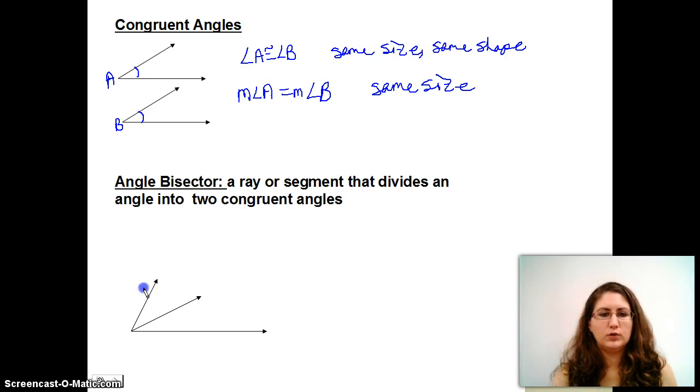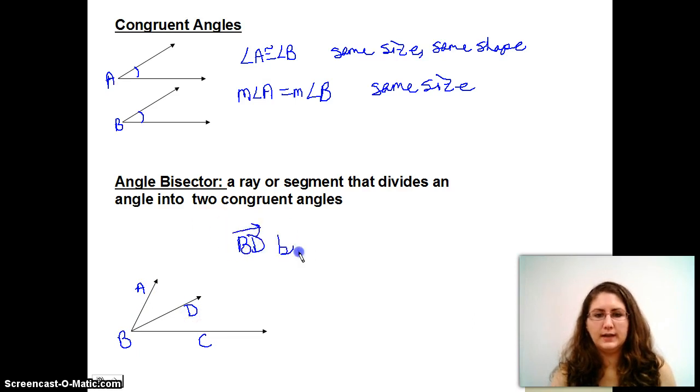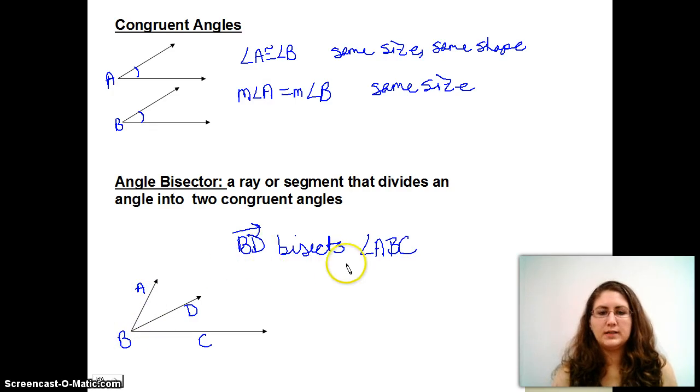So in my picture here, we'll call this A, B, C, and D. So ray BD bisects angle ABC. Notice I have to use 3 letters to name this angle because there are multiple angles at vertex B. And because ray BD bisects angle ABC, that tells us then that angle ABD is congruent to angle DBC.